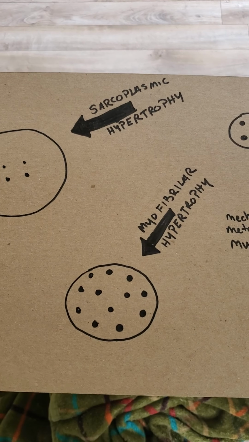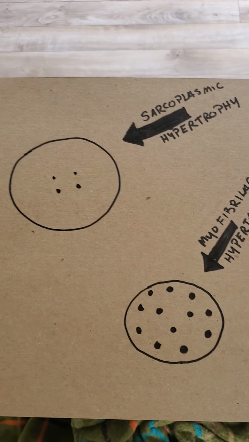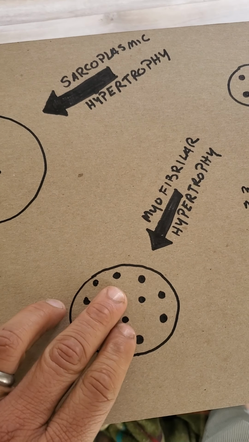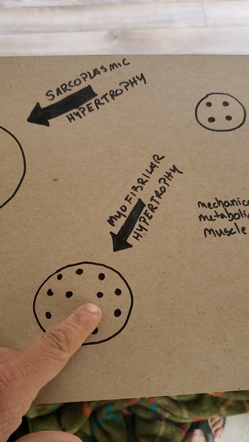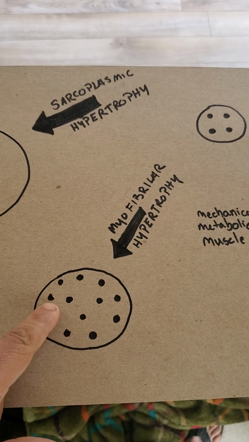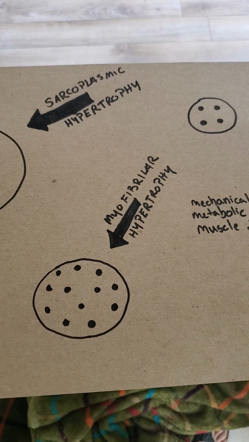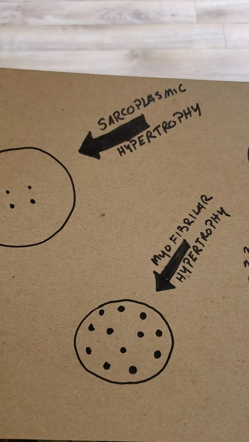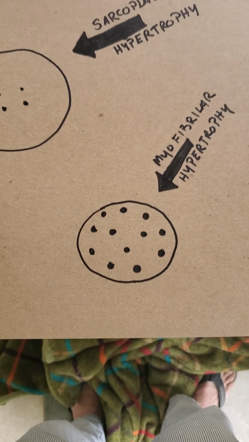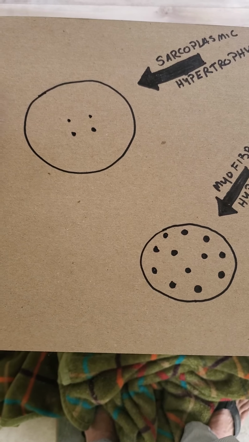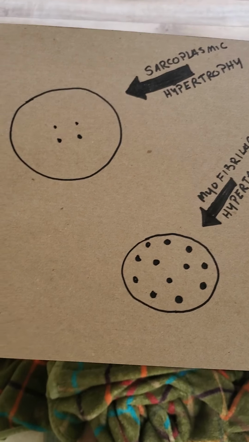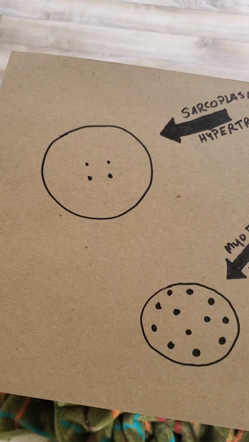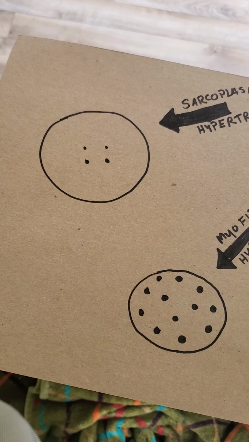Now, when we talk about myofibrillar hypertrophy, we're talking about maybe a proliferation or increase in growth of the myofibrils, of the actins and the myosins. Compared to sarcoplasmic hypertrophy, myofibrillar hypertrophy has more contractile matter.